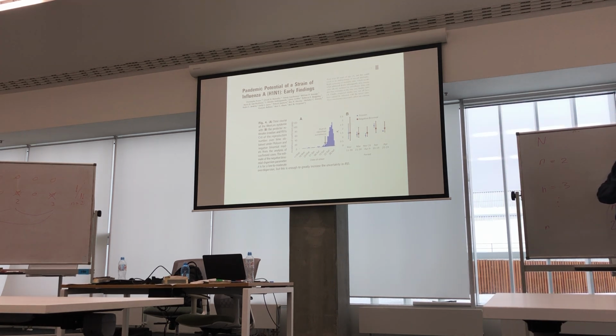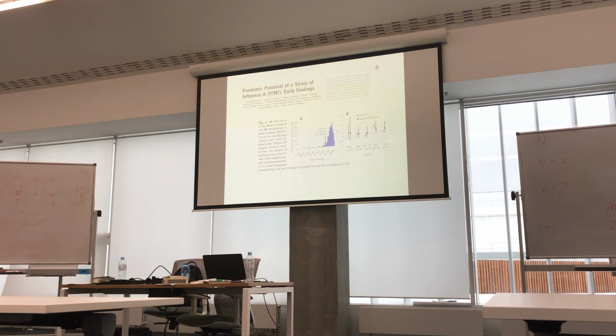People were extremely concerned that this was the start of a new bad pandemic because it was spreading among humans pretty rapidly. It turned out ultimately that it was a pandemic, but the virulence and mortality associated with this H1N1 subtype was similar to that of the previous seasonal flu, so it didn't make much of a difference.